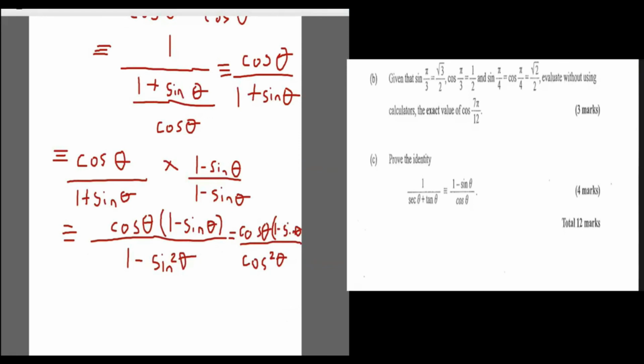So this works out to be 1 minus sine theta over cos theta. And so now this gives us the right-hand side. Nice and easy.